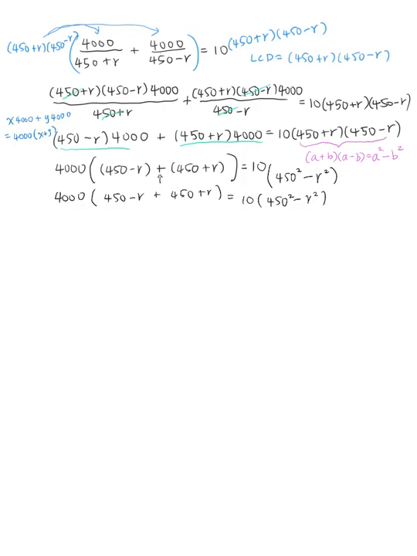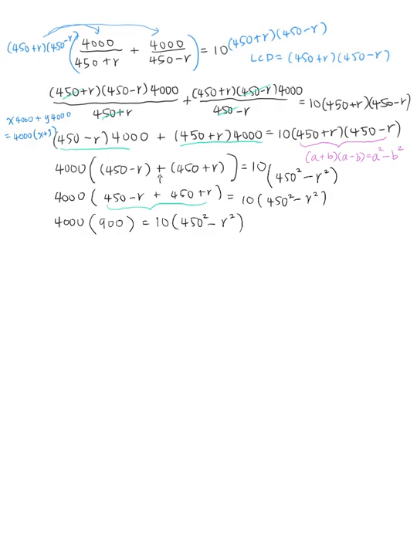Okay, so let's work on here to get 4,000 times 450 plus 450, that will give us 900, and then our r is going to cancel. And on the right hand side, I'm still going to have 10 times 450 squared minus r squared.